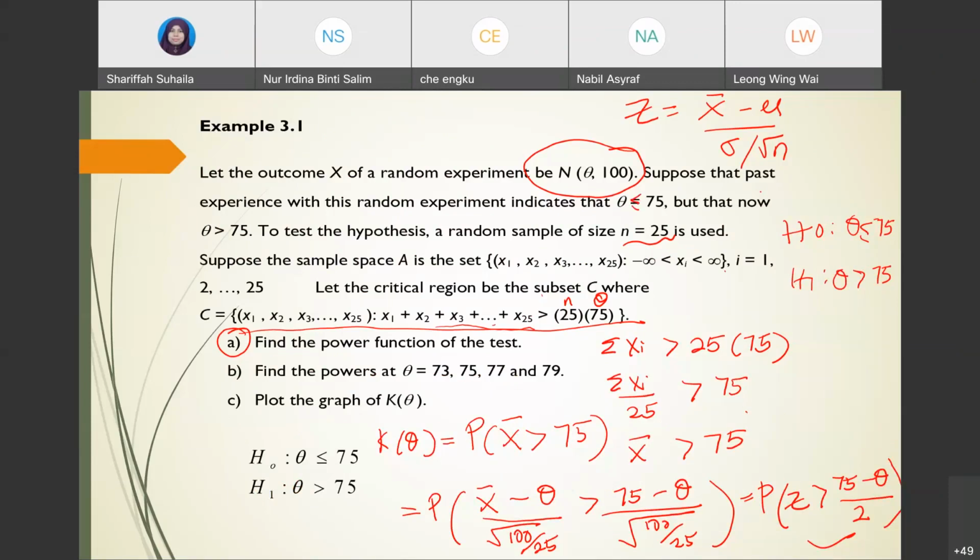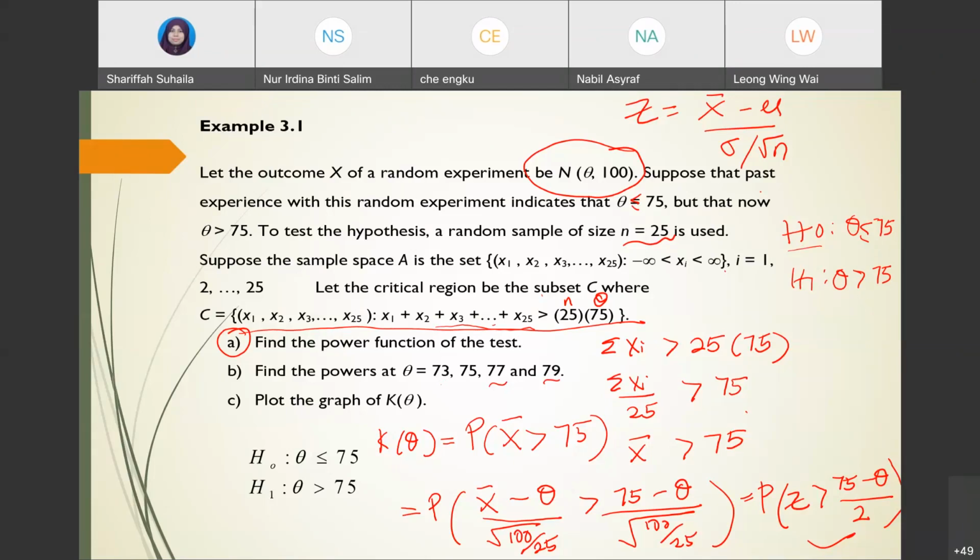So if theta equals 75 or 73, it belongs to your null hypothesis. But if theta is 77 or 79, it belongs to your alternative. Bear that in mind.